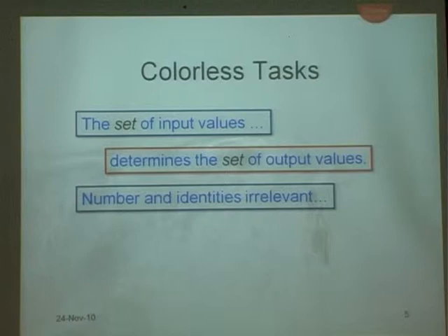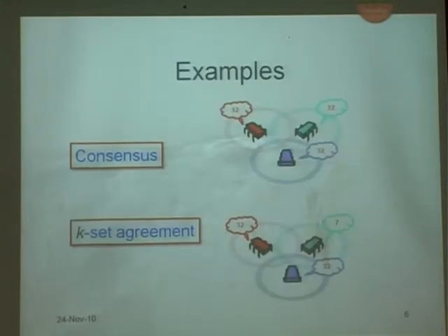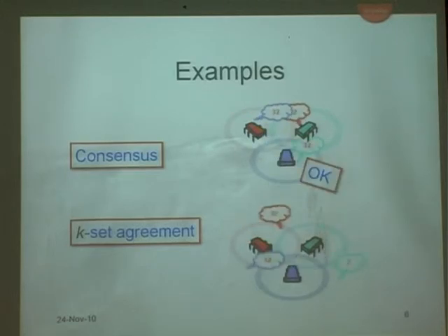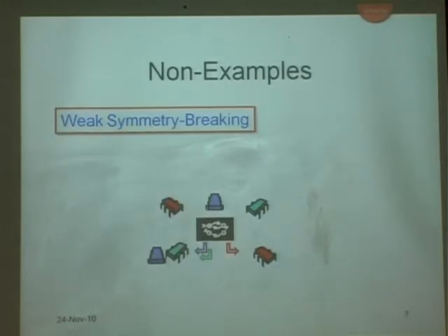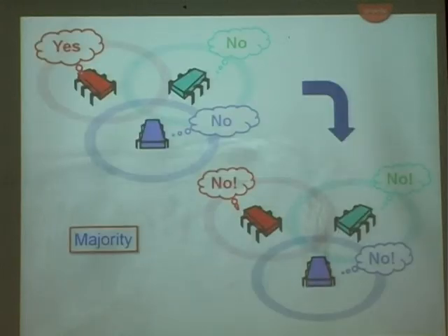So the number of processes that have a value and who they are doesn't matter, in both cases. So right, consensus is colorless, set agreement is colorless, weak symmetry breaking, where they have to split up into groups, is not colorless because you can't change your output to someone else's.